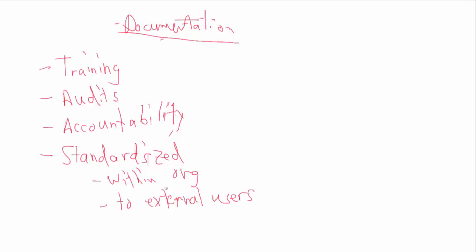And documentation is important because it can help with process improvement. If a process is well documented, then we're able to review it and determine, well, is it as effective as it could be?